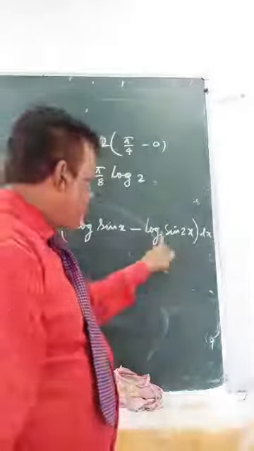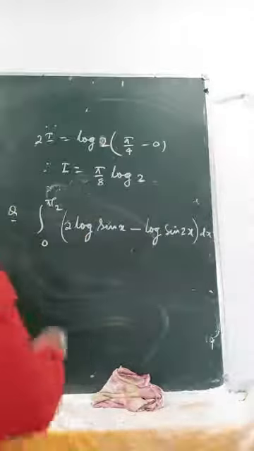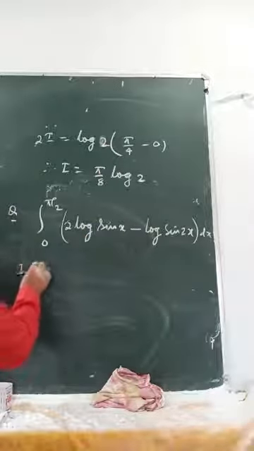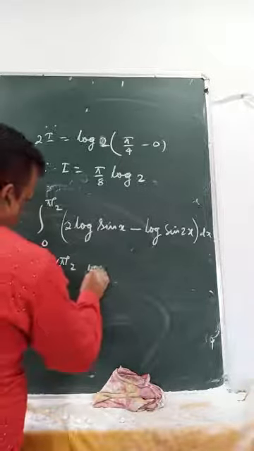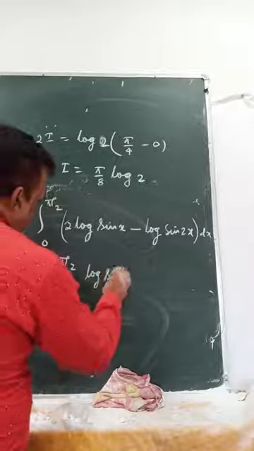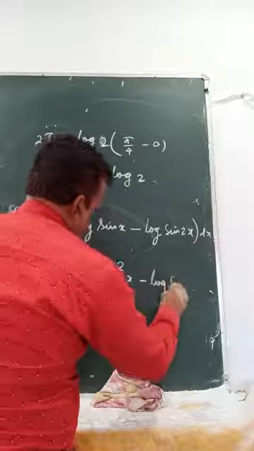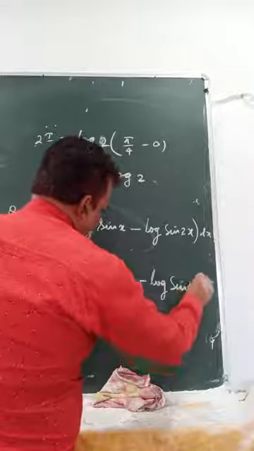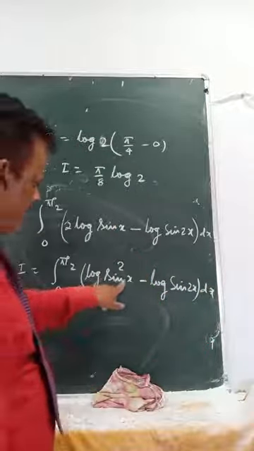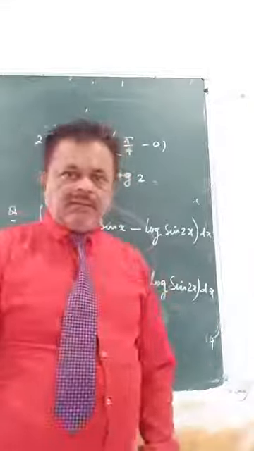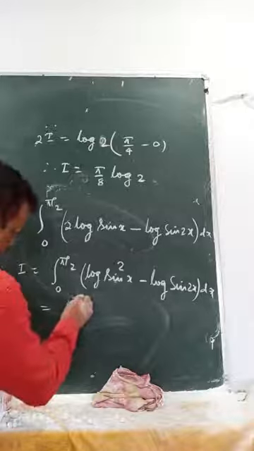Otherwise it is very complicated here. So the power will come here, that will be integral 0 to pi by 2 of log sin square x minus log sin 2x dx.